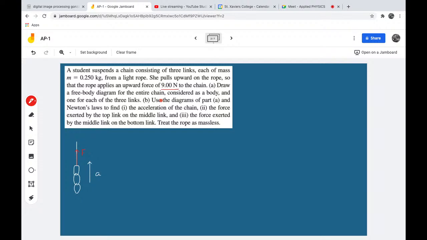If you have to take the entire chain as a single body, then the free body diagram tells you to take the entire chain as one single point mass. So I have a single point mass.